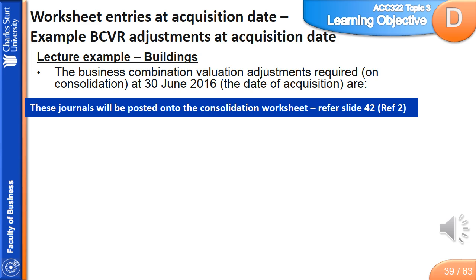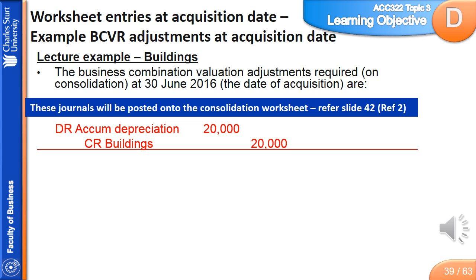Here we have the consolidation journal entry that we would prepare for the buildings. We've got a debit to accumulated depreciation of $20,000 and a credit to building for $20,000. This would bring the building back down to its $80,000 carrying amount, and we've reversed all the accumulated depreciation that was applied within the subsidiary's accounts. Then in the next entry we've got a debit to buildings of $45,000.